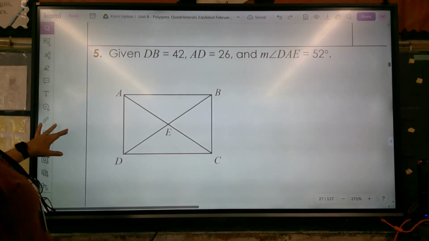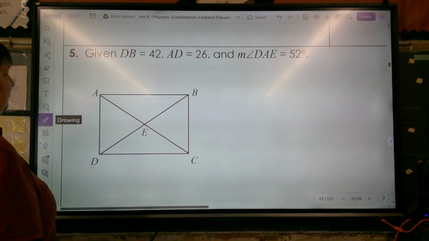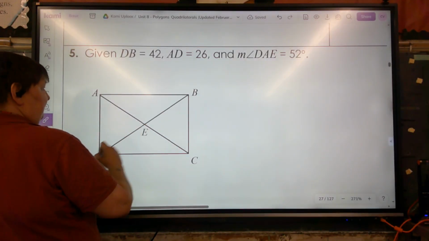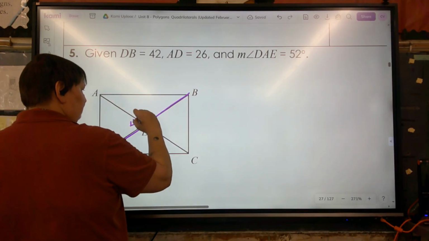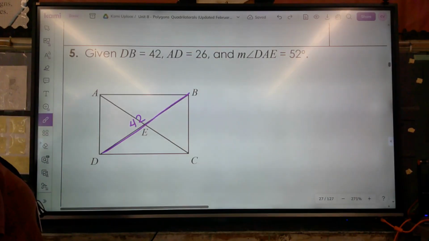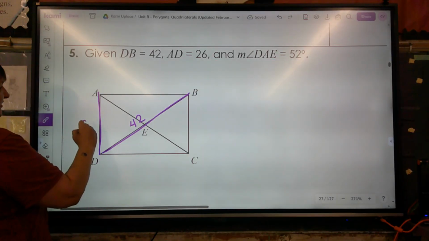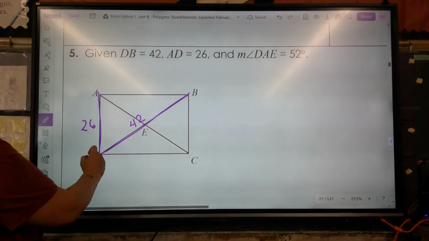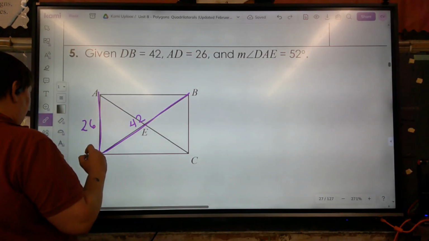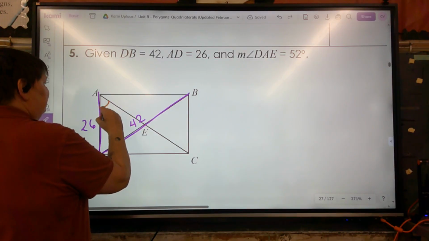Alright. 5 says, given DB equals 42, DB, this total line is 42, and AD equals 26, and the measure of angle DAE, so we're doing angles, is 52 degrees.